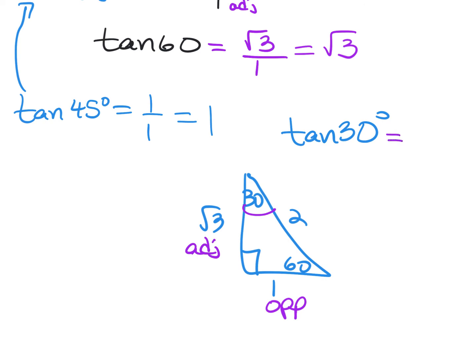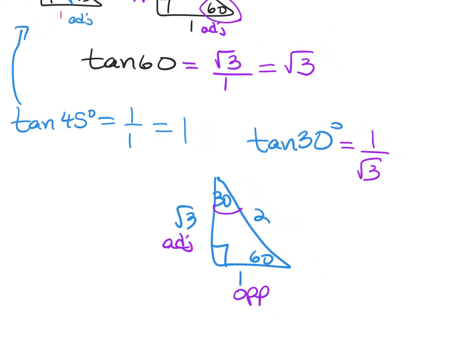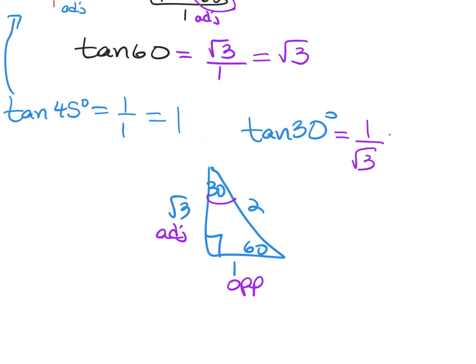So opposite over adjacent, 1 over the square root of 3. Can't leave that radical in the bottom. We need to rationalize. Multiply top and bottom by root 3. And the tangent of 30 is the square root of 3 over 3. So when it asks you to use special right triangles, this is how we have to solve the problem.